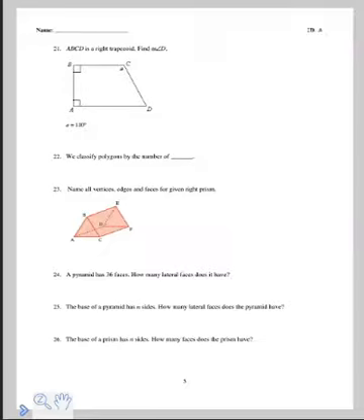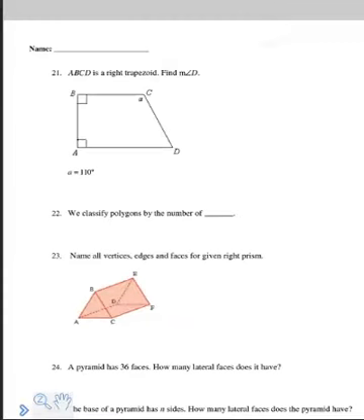Okay, question 21. ABCD is a right trapezoid. First of all, a trapezoid is a quadrilateral, so the measure of all 4 angles is 360 degrees. It's telling us that this is 110 degrees.